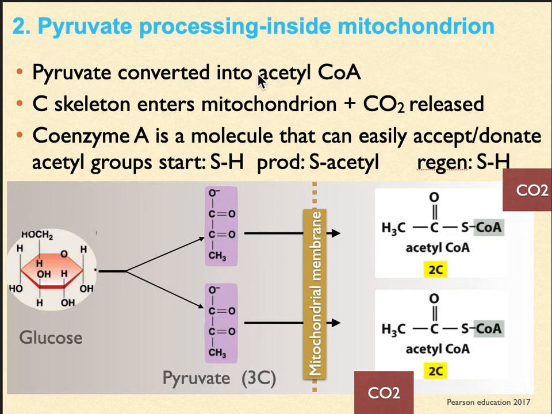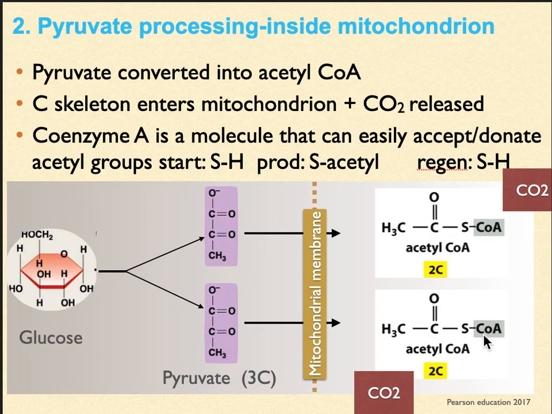So pyruvate processing is where we take the pyruvate, which is shown here, and again we have 2 of them. This is also known as pyruvic acid, as we said on the other slide. We pass it through the mitochondrial membrane, and then we convert it into acetyl-CoA. You'll notice here that pyruvate has 3 carbons, and acetyl-CoA only has 2 carbons.